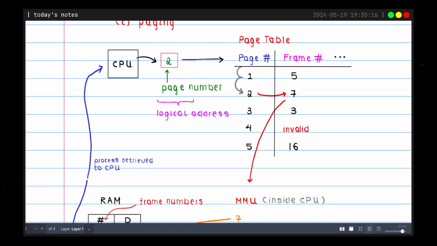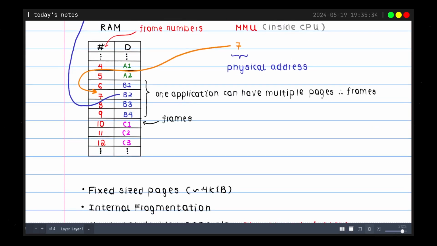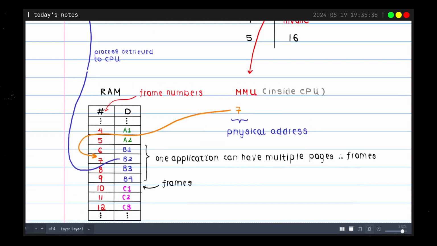It's not the actual RAM. It's sort of like a local copy of it or a local reference to it that each application maintains. These blocks in the logical address space are referred to as pages. So what you need to understand is, in terms of logical memory, these fixed size blocks are referred to as pages. In terms of physical memory, these fixed size blocks are referred to as frames.